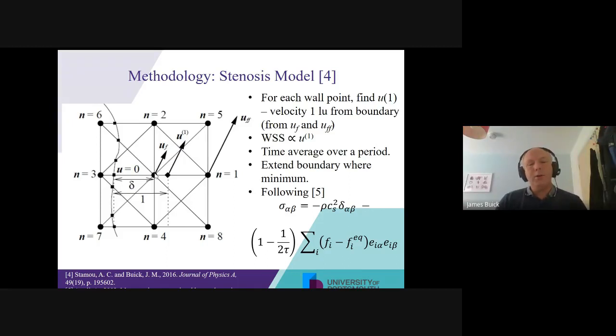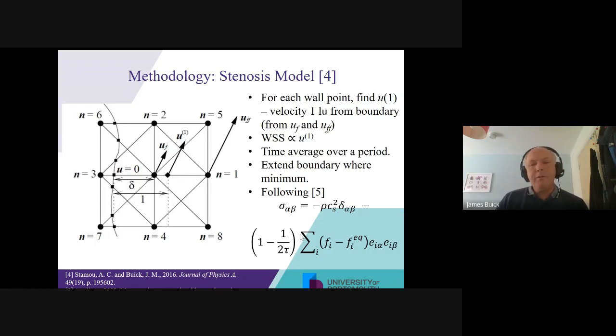And the idea with the model is that we run for a period of the pulse, a period of the heartbeat, and we look at the wall shear stress, and we time average that wall shear stress, and we find the point where that time average wall shear stress is a minimum. And that's the position where the boundary is adjusted, moved into the fluid in order to represent the development of the stenosis.